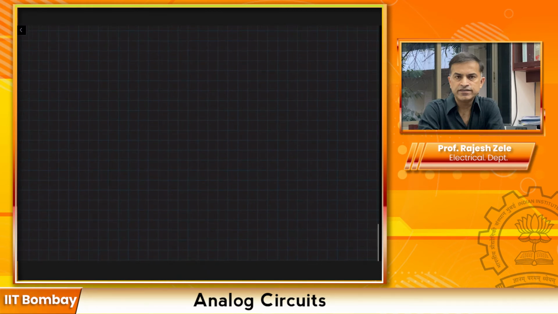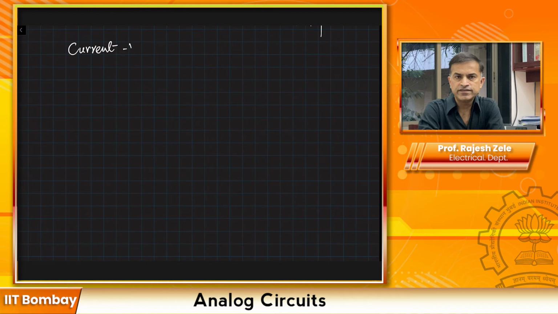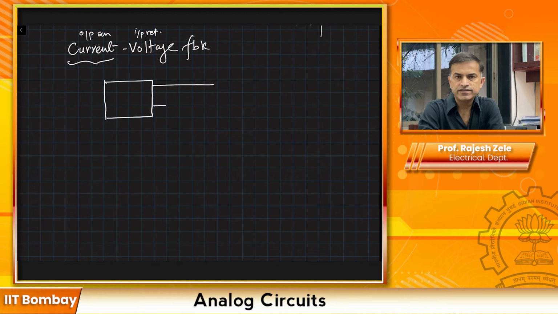The next configuration is called current voltage feedback. Again, current is output sense and voltage is input return. That's the syntax. So here is our block, and we are supposed to get current out because that's what we are sensing here, and part of the current is being returned to our feedback block.